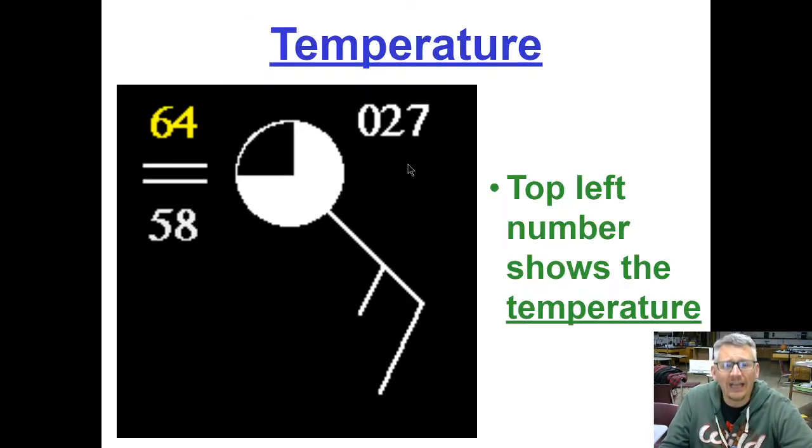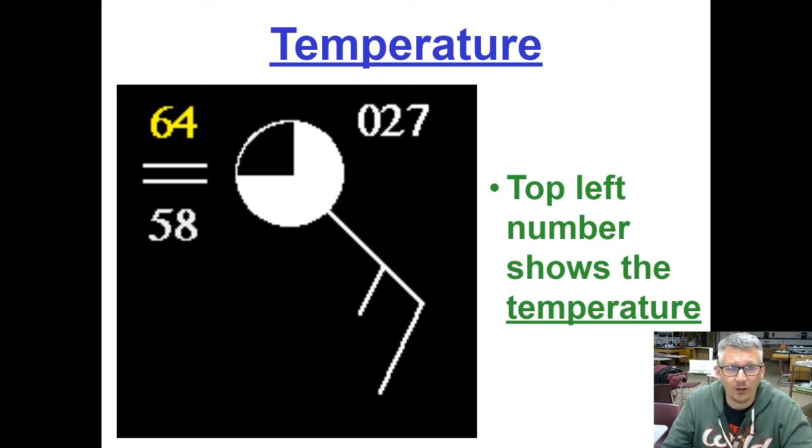So when we take a look at that, as it's laid out, we have a circle. Over and up, we have our temperature. This temperature is 64 degrees, and it's in Fahrenheit, which may seem weird because science is in Celsius, but this is made for the general public.